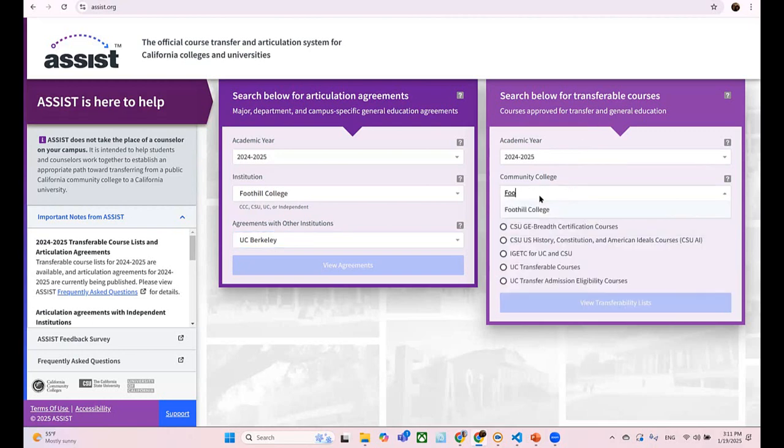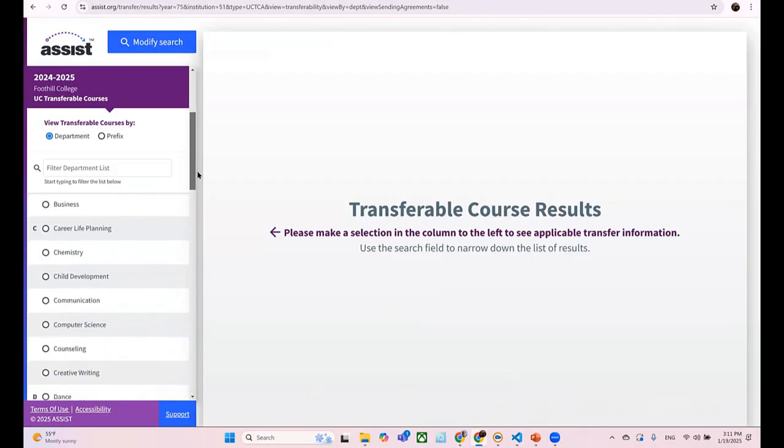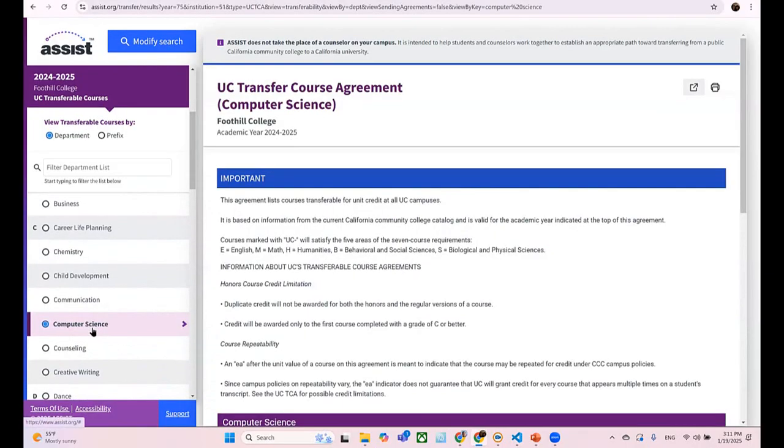Let's type in the college versus UC transferable course, and look at the computer science department.